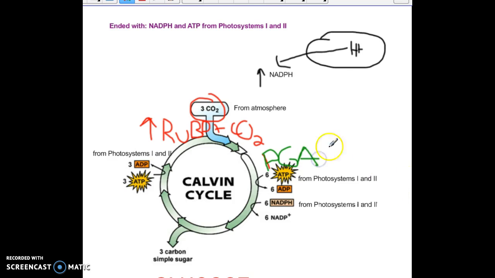And that happens all on its own. It doesn't need any energy. It just naturally breaks down to a substance called PGA, and then I'm sure some other substances too.